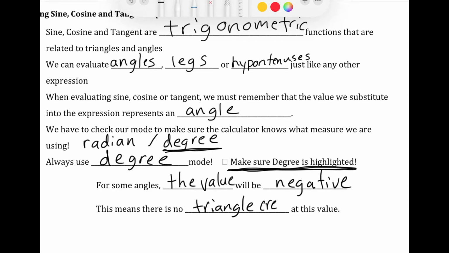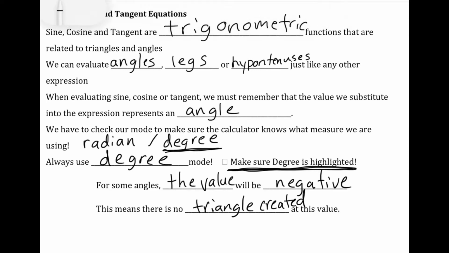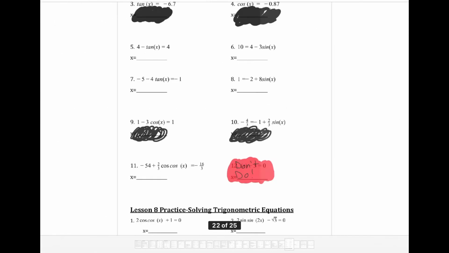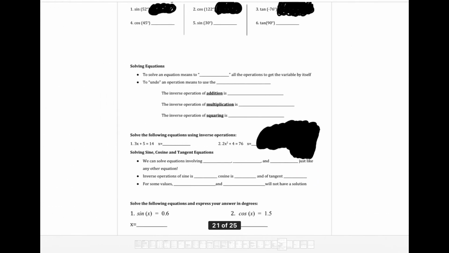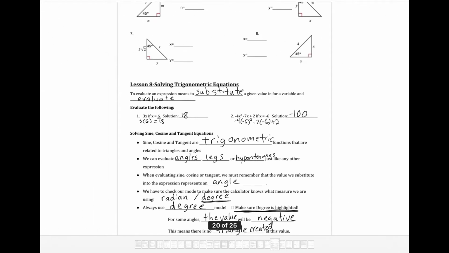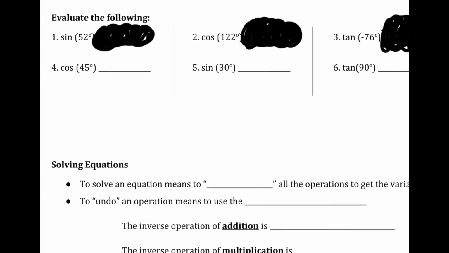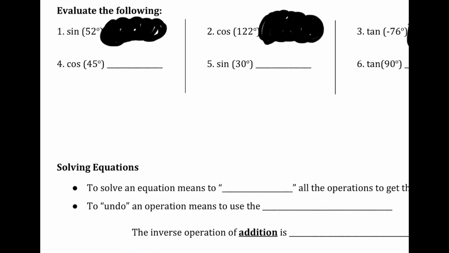We'll go over a few of them like this. Okay, so let's go over a few. We've done some of these, I believe in lesson 3 and 4. So I'm going to do 4, 5, and 6, and then we can pause the video and do 1, 2, and 3.